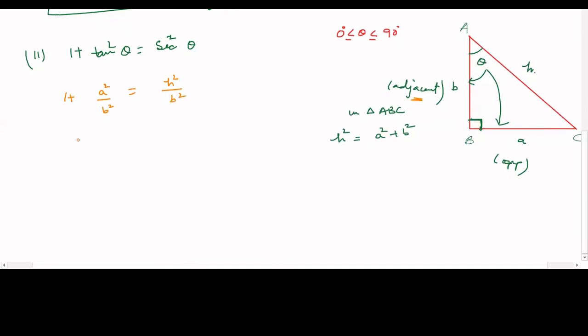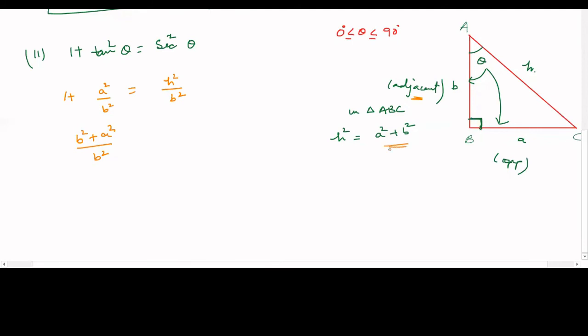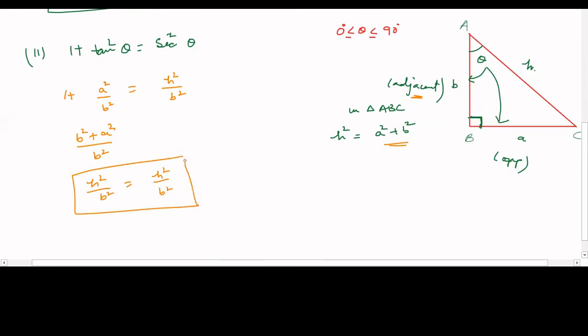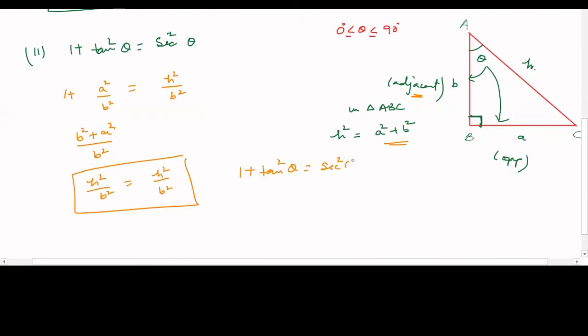So the left side is B squared plus A squared over B squared, which by Pythagoras is H squared over B squared, equal to the RHS. Hence shown: 1 plus tan squared theta equals sec squared theta.